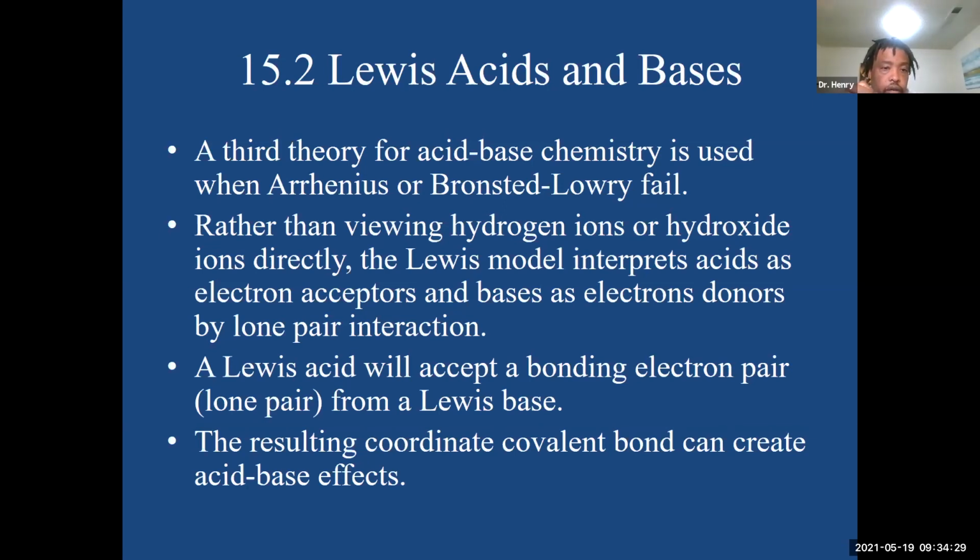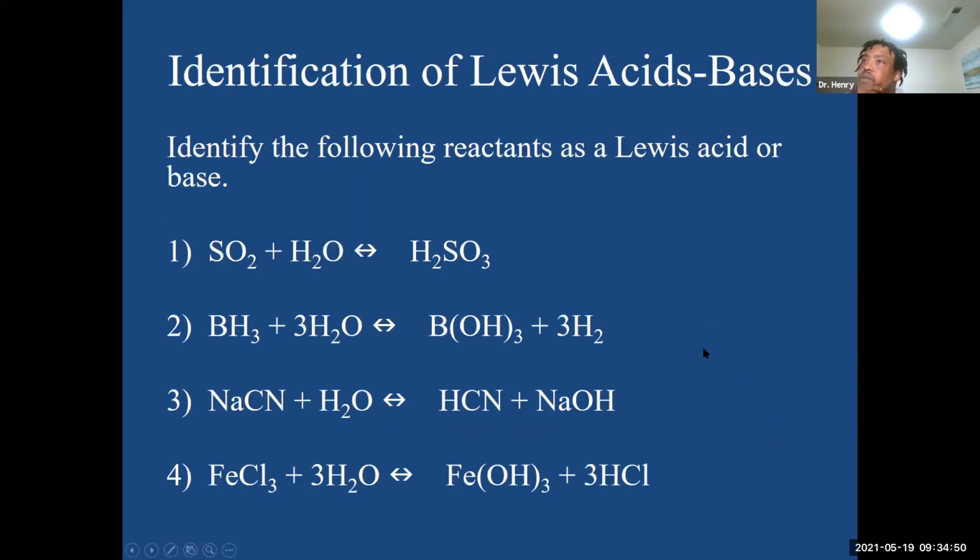The result is you're going to basically be looking at covalent bonds being created in this context. So it gives it a very broad definition because now you're just looking at the acceptance of electrons and the donation of electrons. We're looking at pairs.